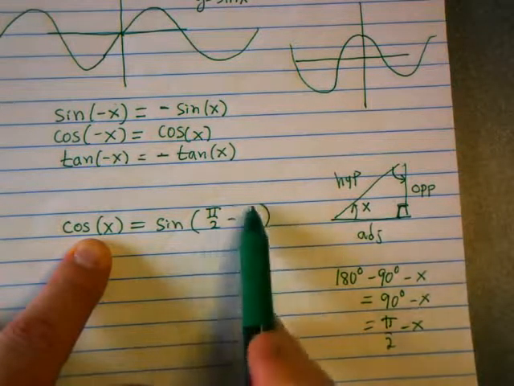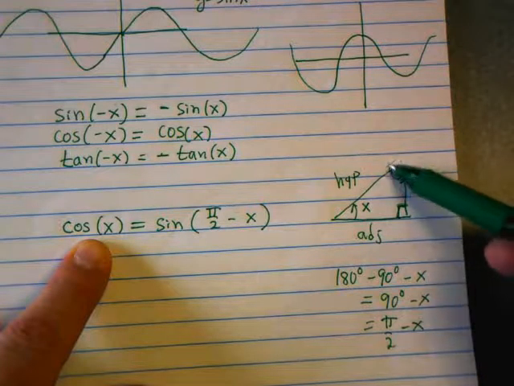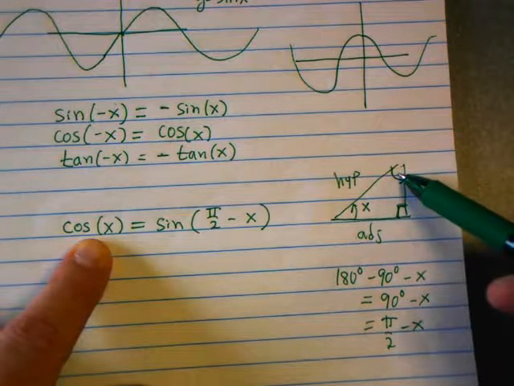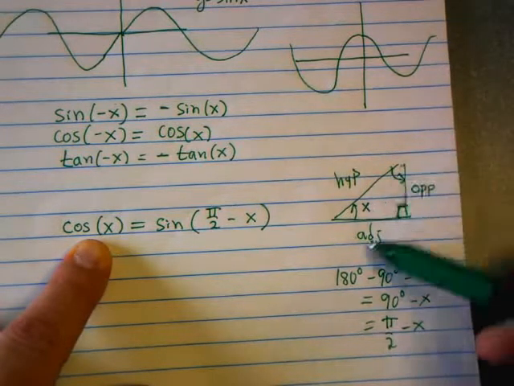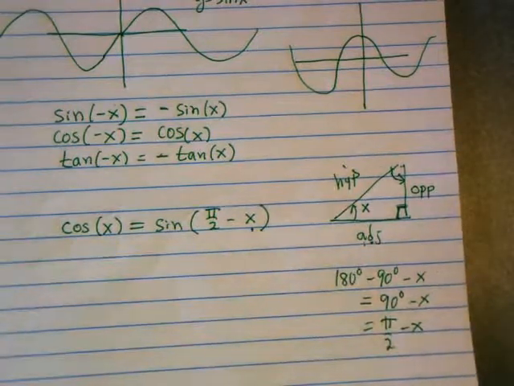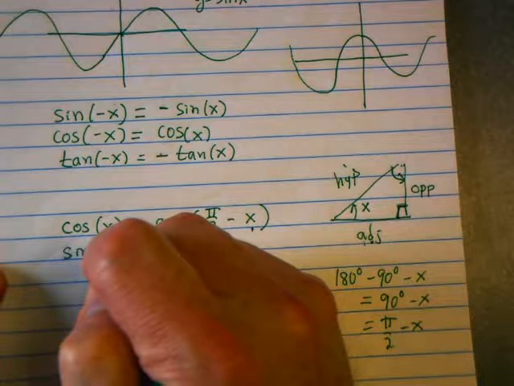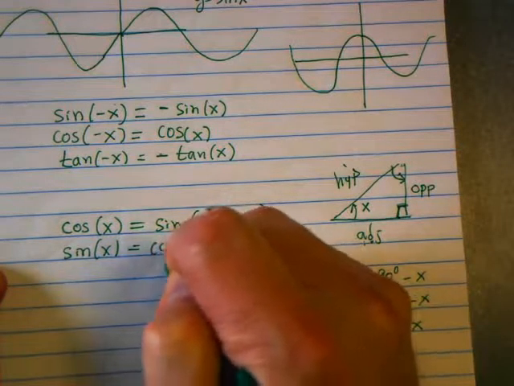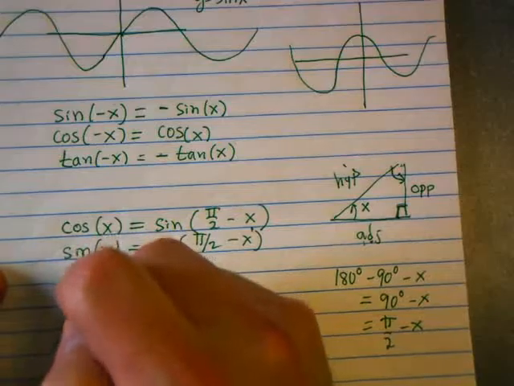So that's why this formula is usually written this way. This angle is pi over 2 minus x. The sine would now be this side over that side, so the sine would give you the same answer as the cosine. And these all work for all the other functions too. Sine of x is cosine of pi over 2 minus x.